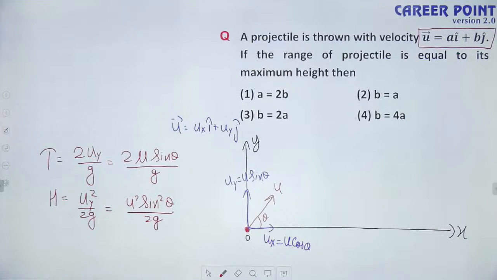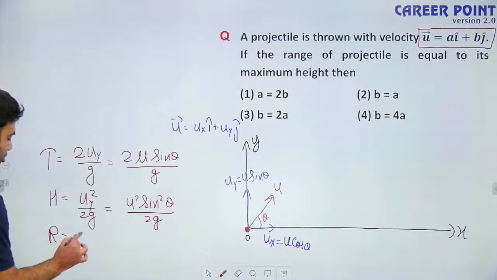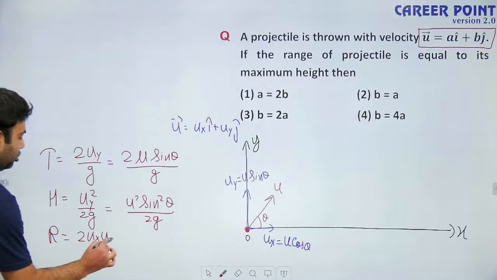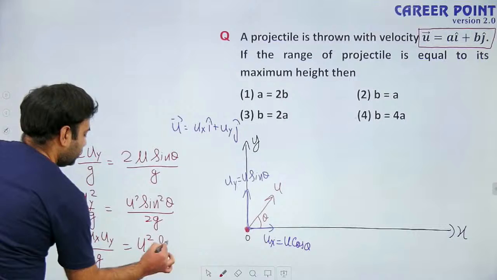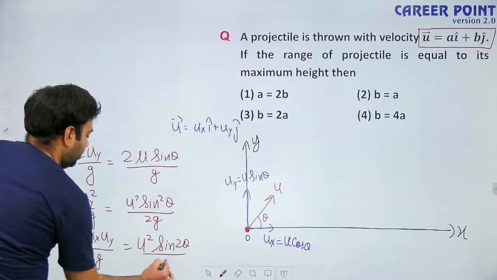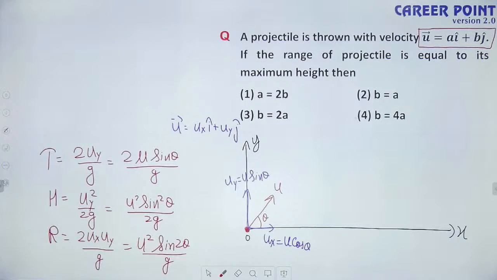And what is horizontal range? The horizontal range formula is 2 times ux uy divided by g, or it is equal to u square sin 2 theta divided by g.